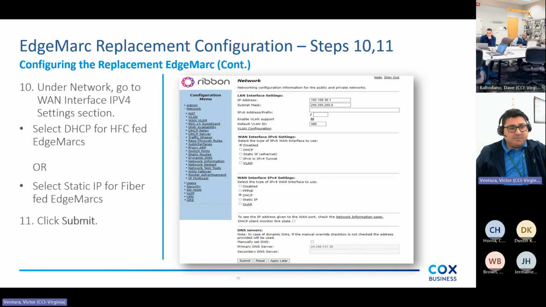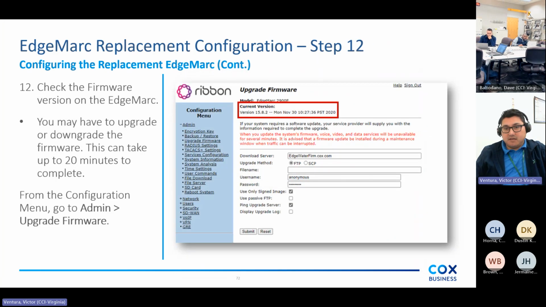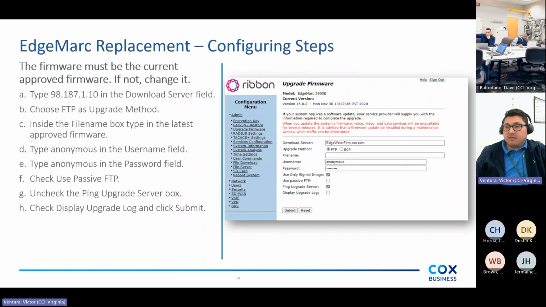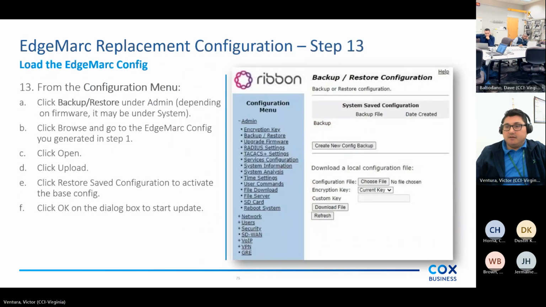All the steps that I called out, step by step, are called out in the MMP and the PowerPoint. So when you are working with a technician, it tells you how to perform all the steps, step by step.